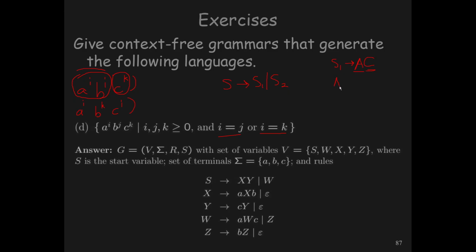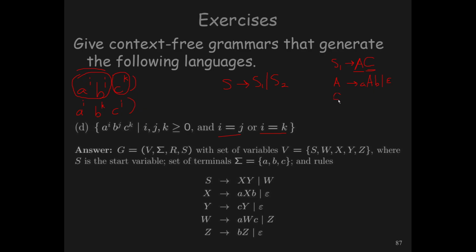So A produces aAb or empty. So this is recursive. It can generate AB, ABB, AABB, and so on, as I just said like 15 seconds ago. Okay.